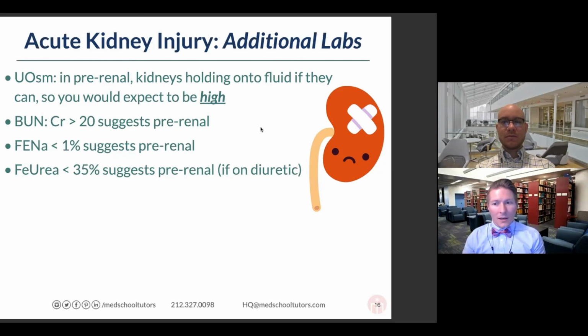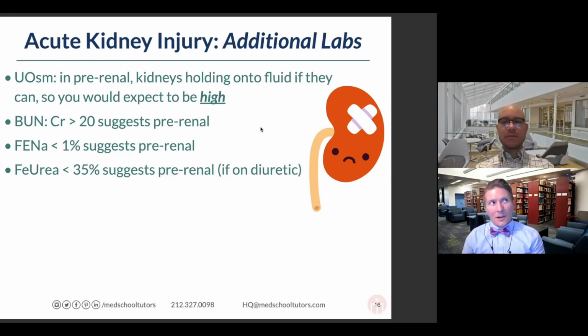Along those lines, the fractional excretion of sodium is saying how much sodium that initially goes into the nephron ends up leaving the nephron in the actual urine. Since we know that aldosterone's job is to bring sodium back from the nephron into the body, somebody with a high aldosterone level presumptively would not leave a lot of sodium in their urine.